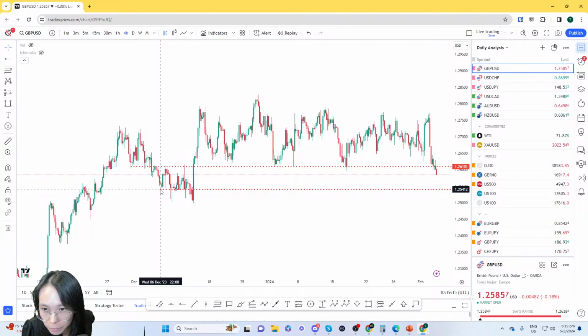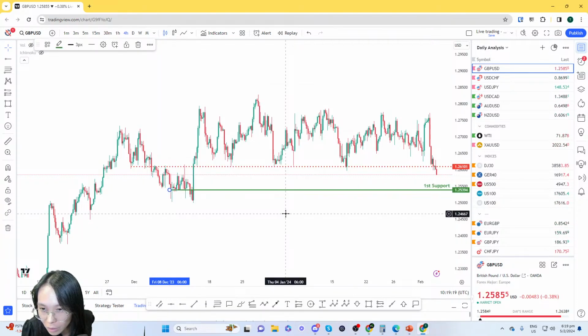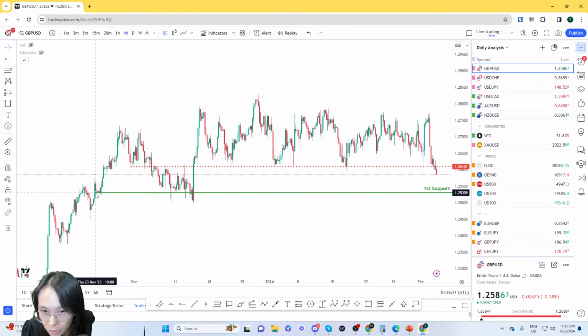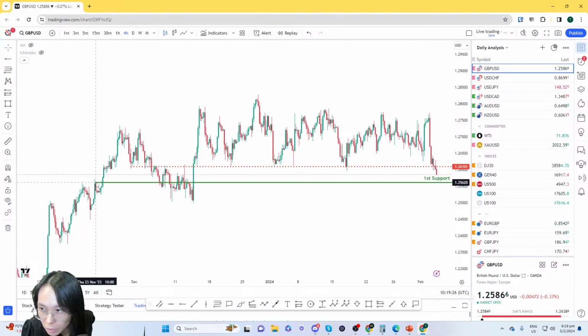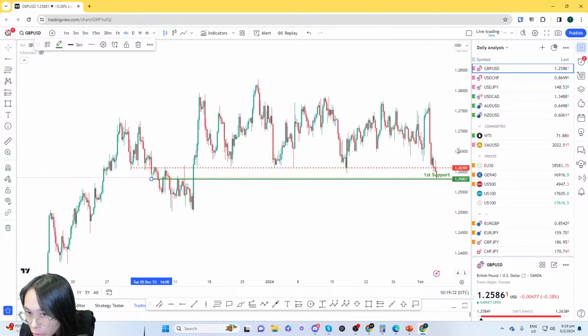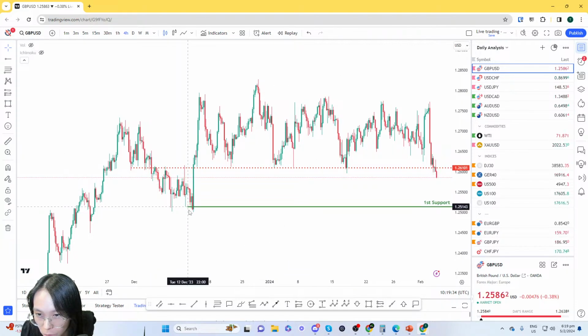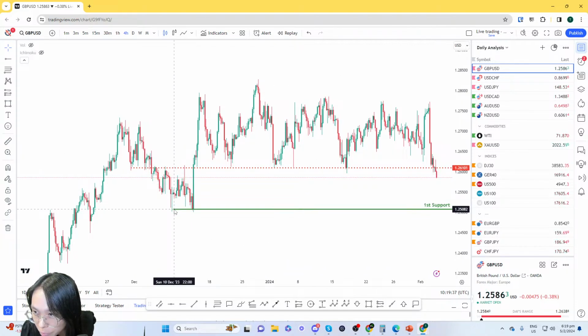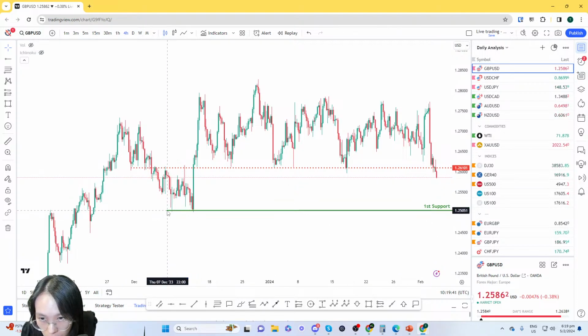And on the support, it will be too close. So there isn't a better support level that is nearer to the current price.